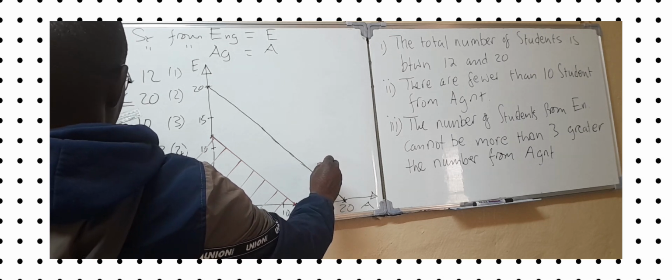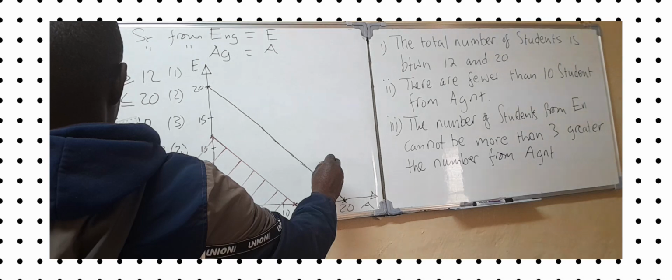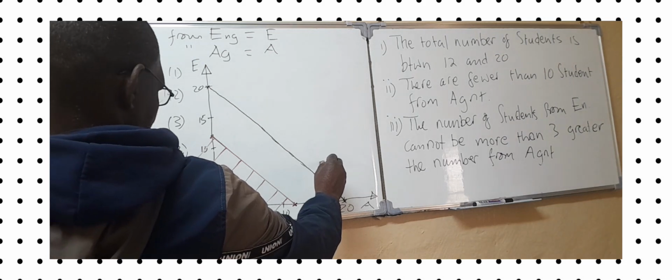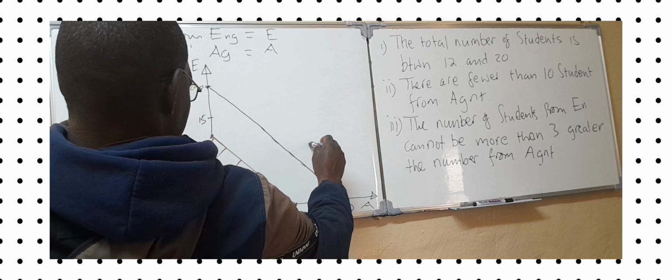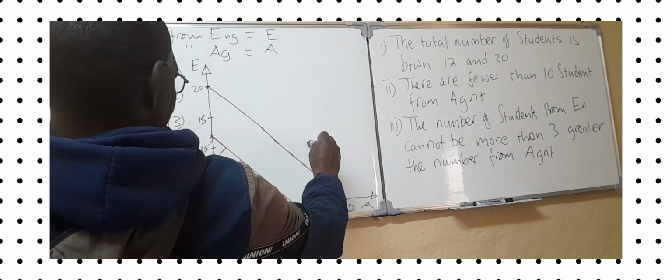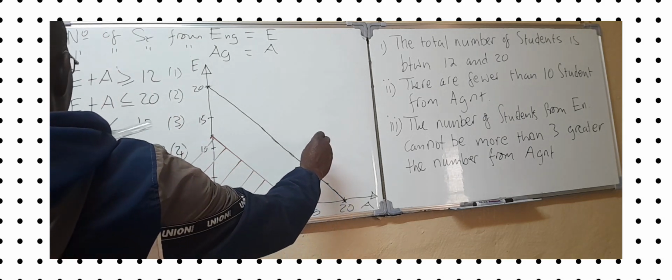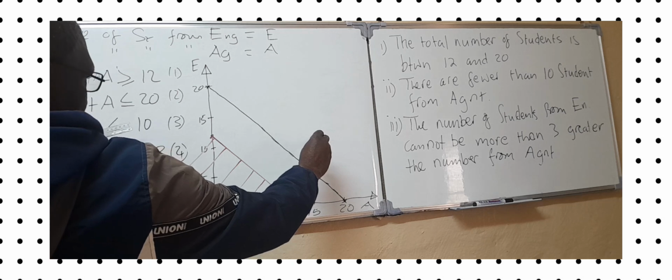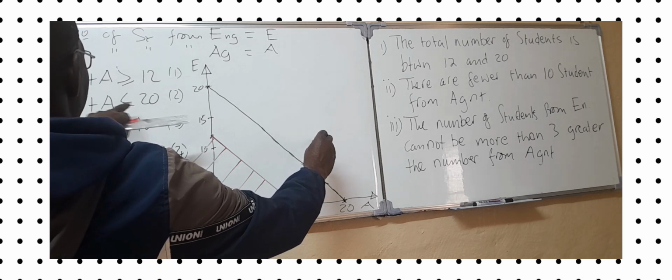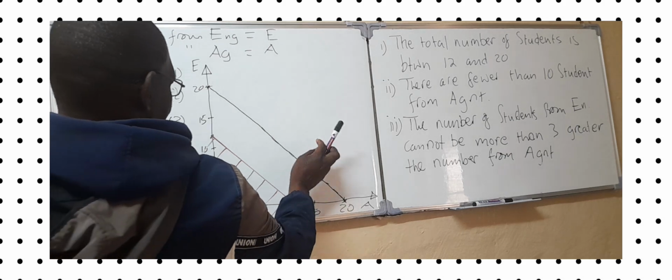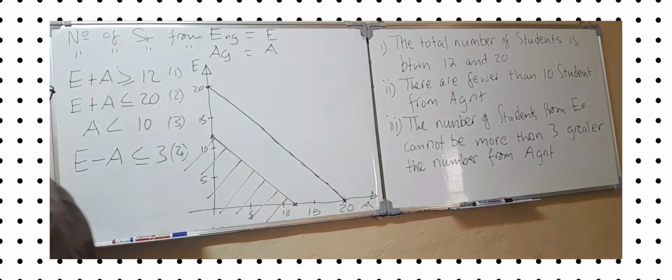That represents 15 plus 5, which is, oh no, sorry. Let's take another point there. 15 and 10, which is there somewhere. 15 and 10, A is 15, E is 10. That represents 25. 25 is greater than 20. So that point does not satisfy the inequality.